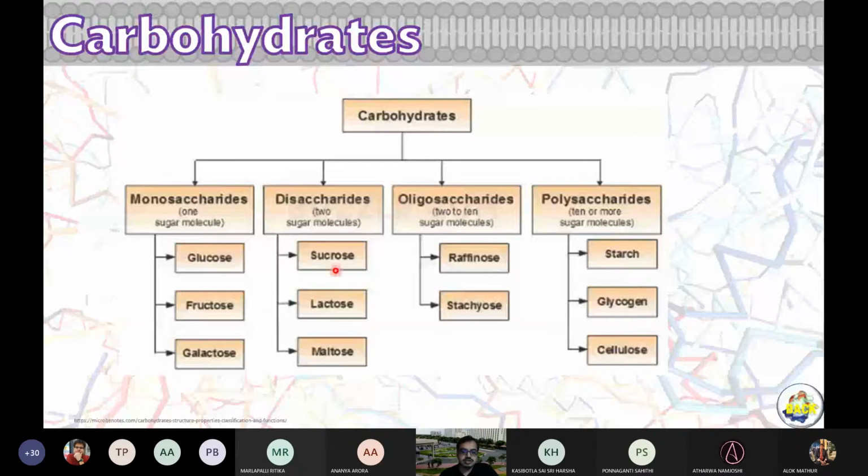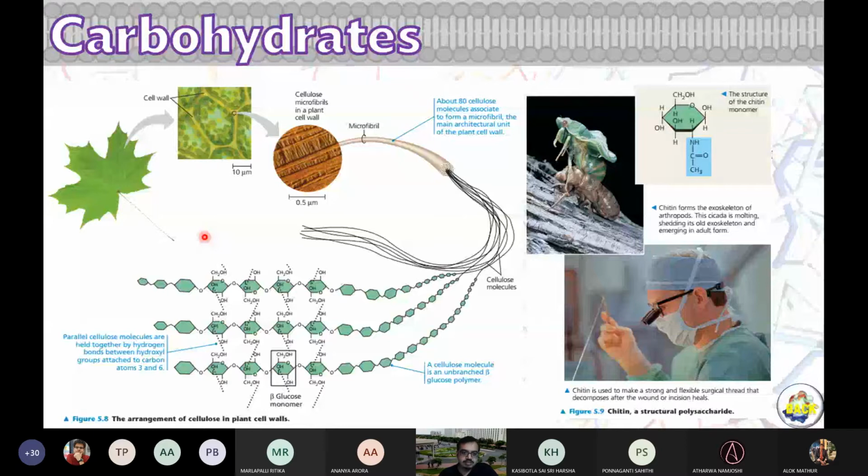Cellulose is cotton, we all know, right? Okay. Now we come to the structural polysaccharides. You see, cell walls are made up of small pieces of these monosaccharides. You can see that.